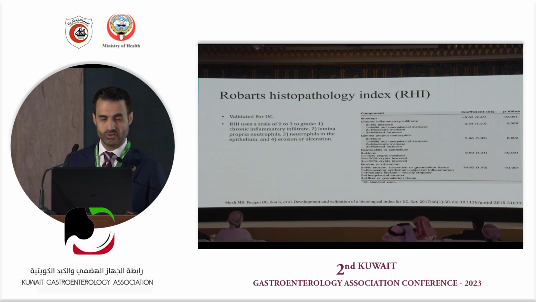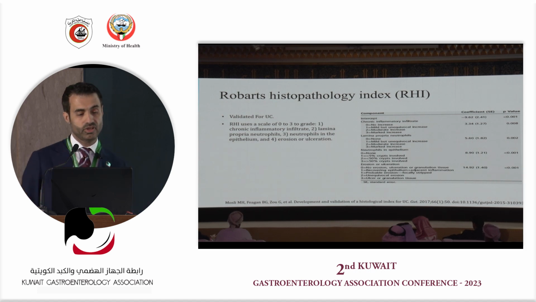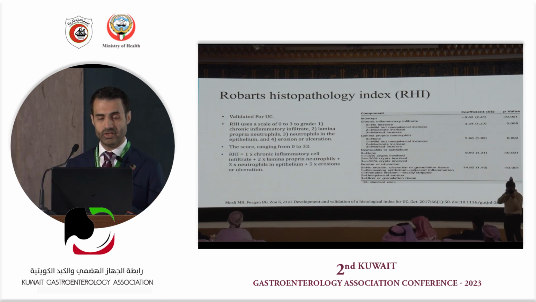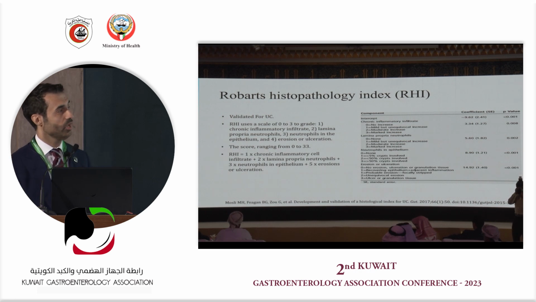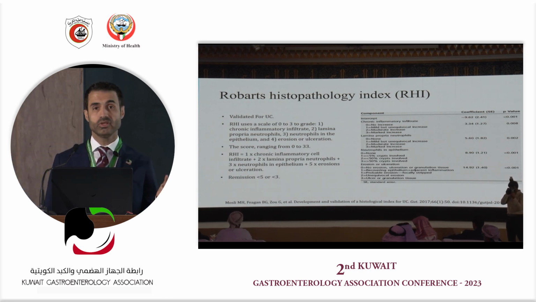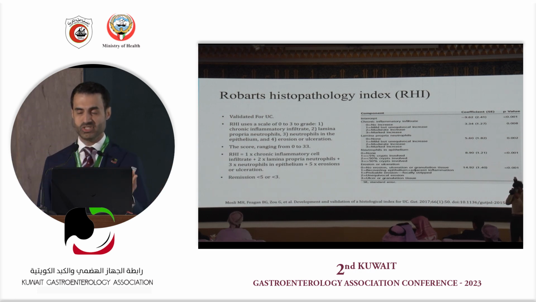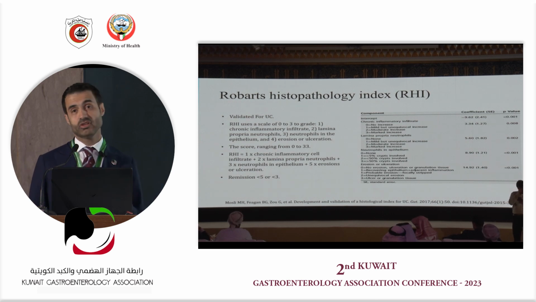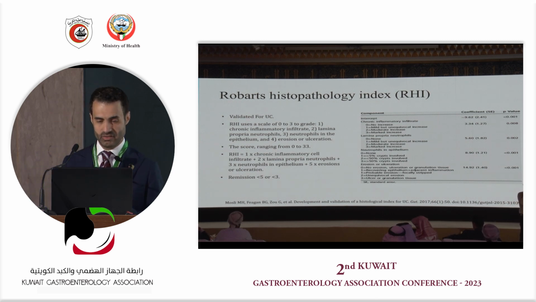It's validated for UC. They use a score from 0 to 3 to grade each of chronic inflammatory infiltrate, lamina propria neutrophils, neutrophils in the epithelium, and erosion or ulceration. The score ranges from 0 to 33, and there is an equation to calculate this score. Depending on the study, remission is less than 5, or less than 3, or less than 5 is remission or mild activity.